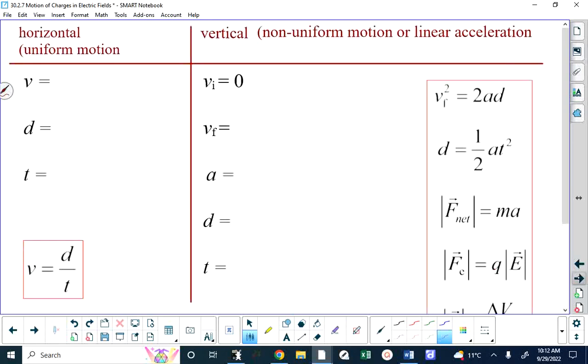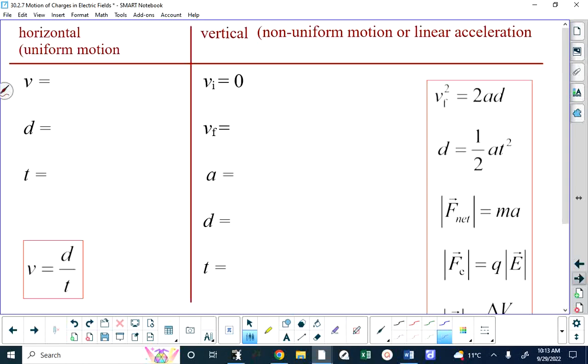Don't rush to write all this down. I want you to think about what this is. Since the horizontal motion is uniform motion, the only formula you can use with any horizontal components is the uniform motion formula: speed equals distance over time.